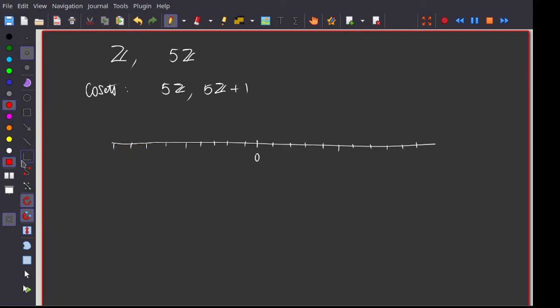So basically 6 and minus 4, right? What do you get? Yeah, so obviously 0 is not there, right?